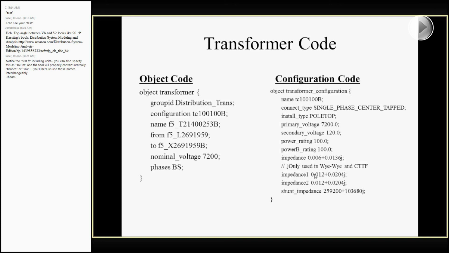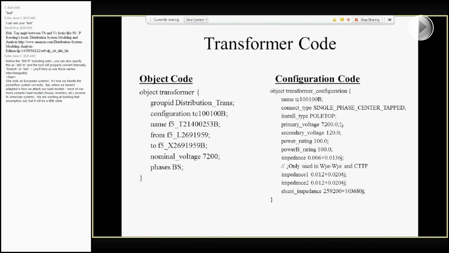GridLAB-D solves everything in the actual values, so rather than using the per unit transform, we actually go in and explicitly model the impedance and the turns ratios on the transformer, and everything is solved in the full voltage range. So you'll get answers that'll say like 7200 at angle 0, 7295 at angle 0, things like that. And then on the secondary side, you'll get 120. You won't get 1.0 per unit and 1.0 per unit on both sides of it.